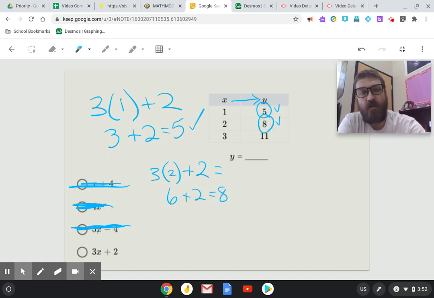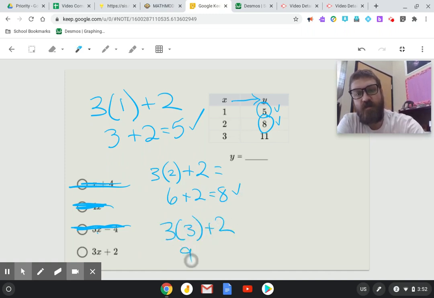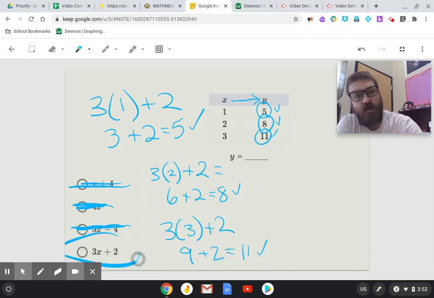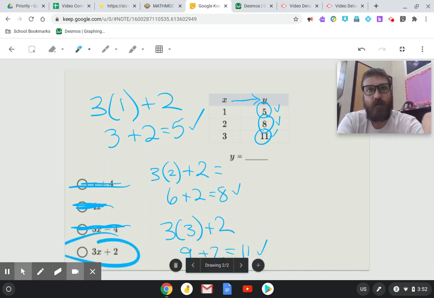That checks out. Move on to the next one. 3 times 3 plus 2 is 9 plus 2 equals 11, and that checks out. So then that last one has to be the answer.